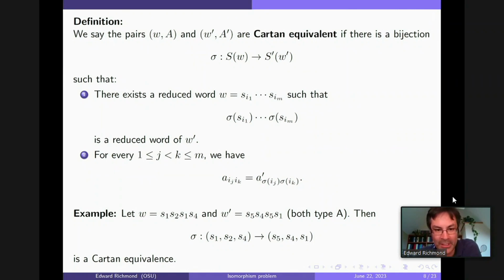The only things that don't give Cartan equivalence is if I choose to move this 4 to the middle, then I have to move the 1 to the middle to sort of match it. So you can't just match any reduced word with any reduced word, but they are kind of matching in a lot of ways.